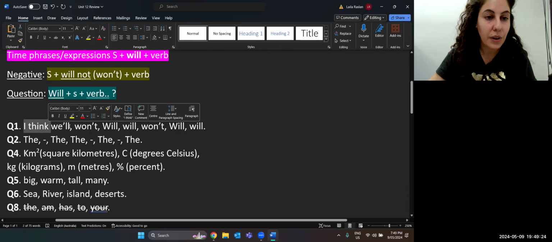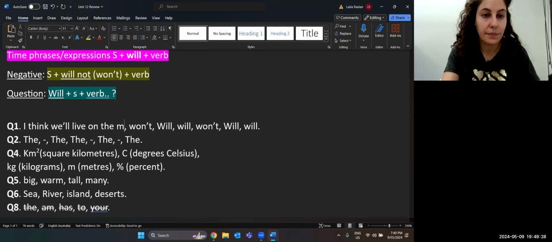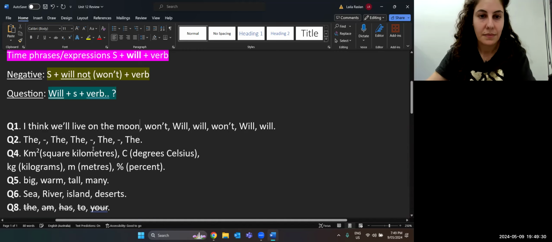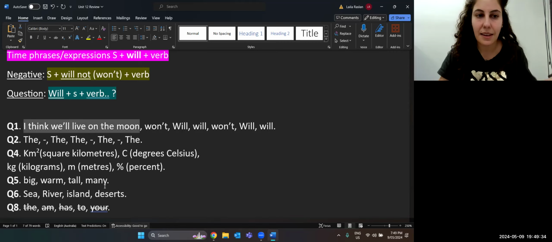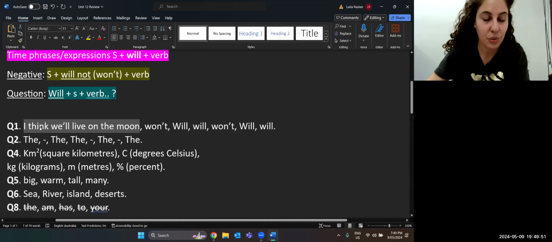I think we'll live on the moon next year. Okay, so pretty simple sentence. Now, when I add I think, it's like saying, this is my thoughts. This is what I believe. I'm not 100% sure, but in the future, I think we'll live on the moon. I'm not sure. I'm not 100%. So we can add that bit of I think to it before the subject and the verb.